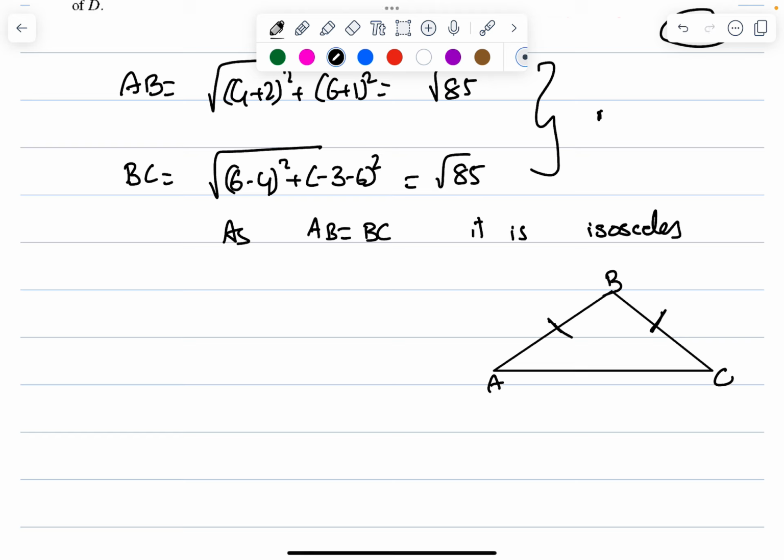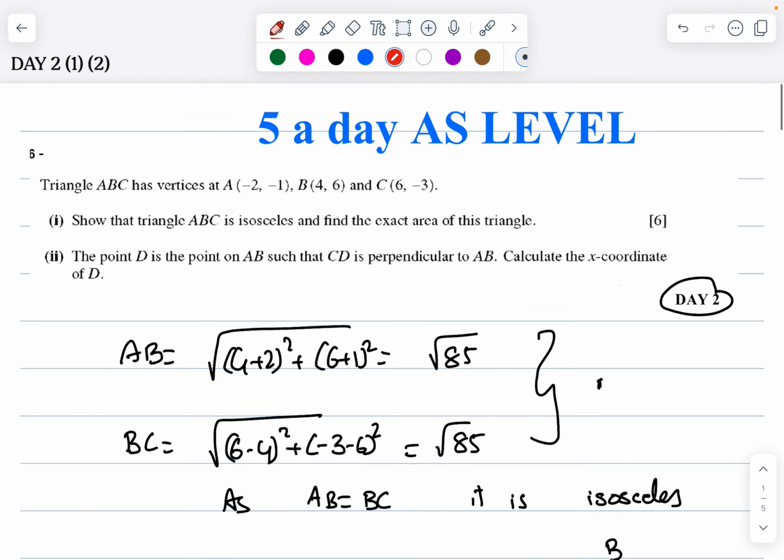These two sides are equal. In that case, I am going to draw a perpendicular. M is going to be the midpoint of AC. So I'm going to find the midpoint of AC, which is nothing but what?